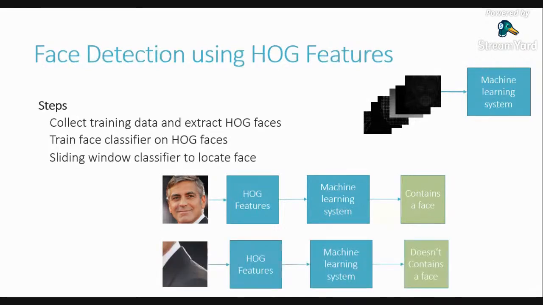Similarly, if the window doesn't contain a face, the system should say that it doesn't. In this tutorial, we will use a pre-trained model from the face recognition package, so we will not train any model and can easily perform face detection without worrying about training a new model. I will show you how we'll do it.